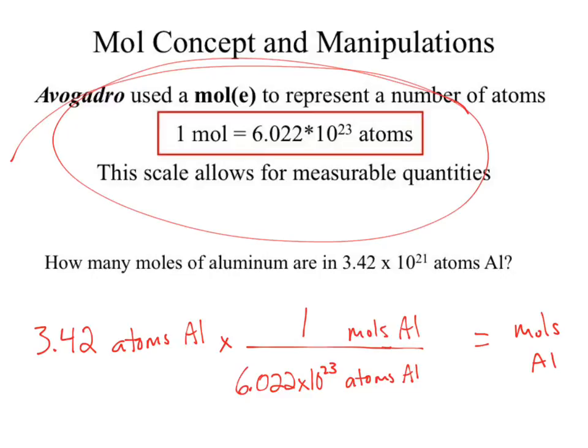When you punch it into your calculator and you get an answer, if the answer you get is something like 5 times 10 to the 23rd moles of aluminum, what did you do? This is a hint. That's wrong.